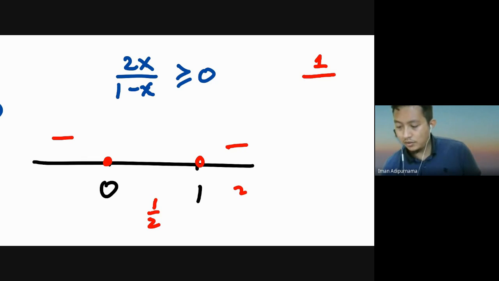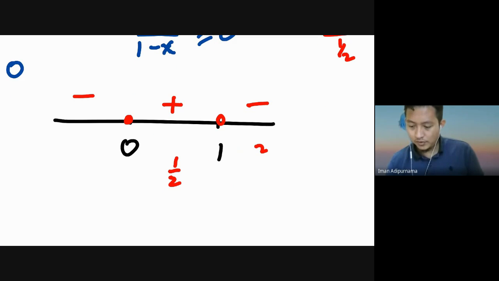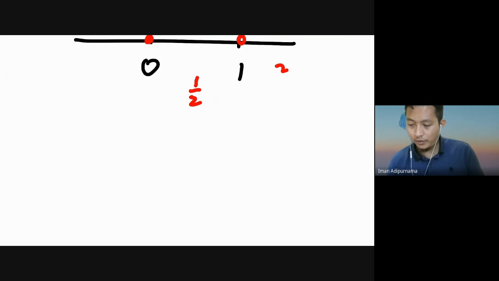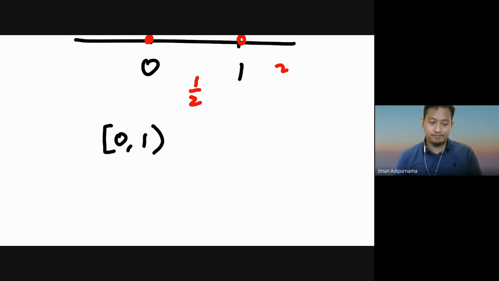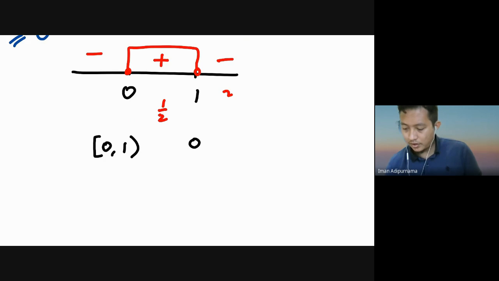The numerator becomes 1. 1 minus half is positive, right? And we want positive, or 0, right? 0 and positive. So we will have this. So that's why you can write the solution in interval notation, including 0, but not including 1.